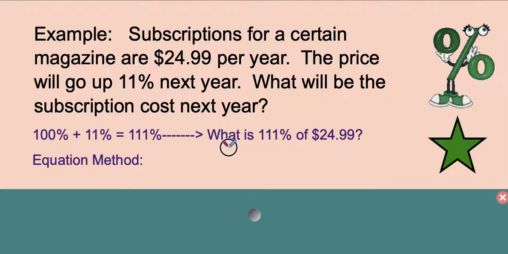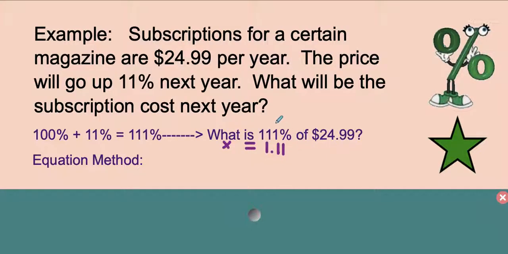I still want to remember that what is a variable, right? I don't know that, so it's a variable. Is in math is going to be equals. So I'm really just taking an English sentence and translating it into a math sentence. Now you want to remember here for 111%, if I move my decimal point to the left 2 times, I get 1.11.